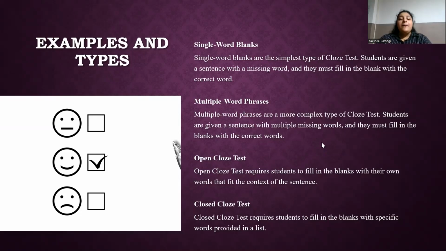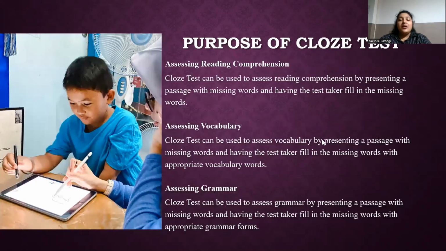So what is the purpose of a closed test? The purpose of a closed test is to assess a person's language proficiency, including vocabulary, grammar, and reading comprehension skills. It is also used to evaluate language proficiency, determining a person's ability to understand and use language effectively.